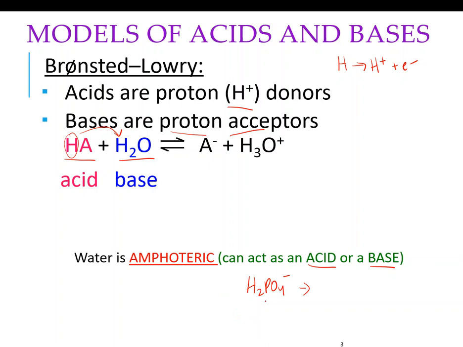There are lots of species out there, and we'll examine them more in Unit 8 when we get into all the weak acid-base equilibrium. But just a general idea here: the H donates over here, that's why we get hydronium, because it's now gained a hydrogen. And the HA loses its H, so it becomes A- or the anion on the other side.